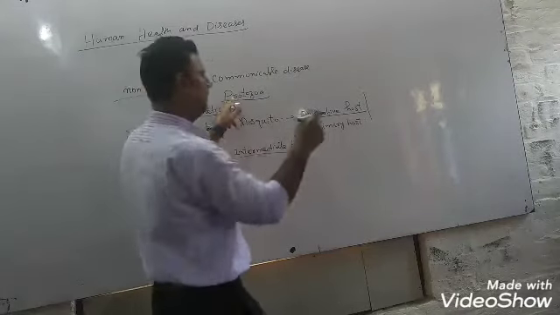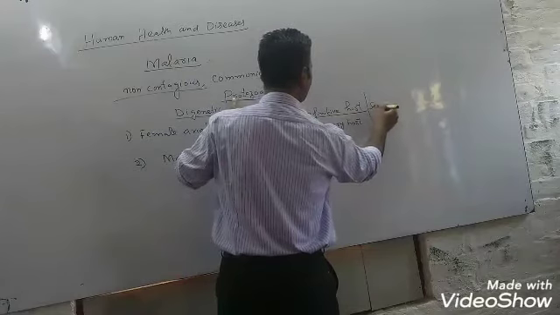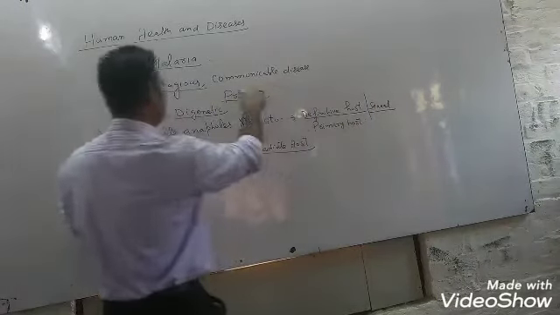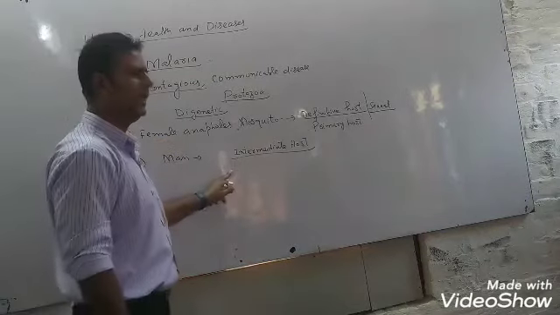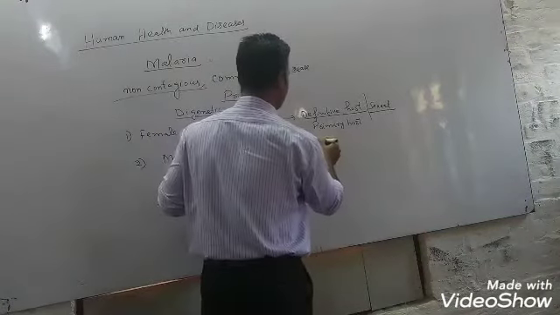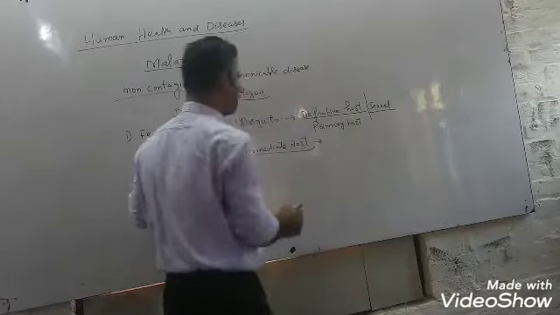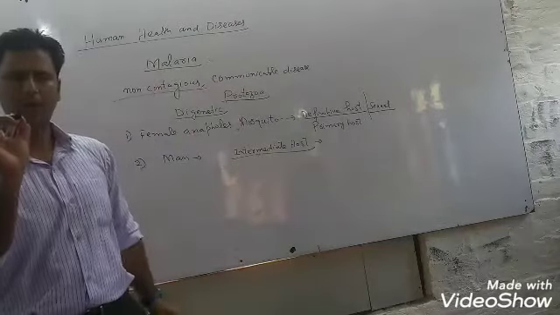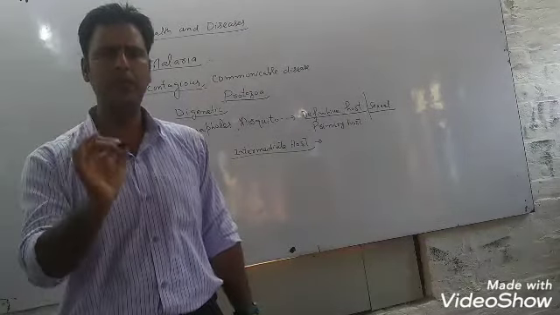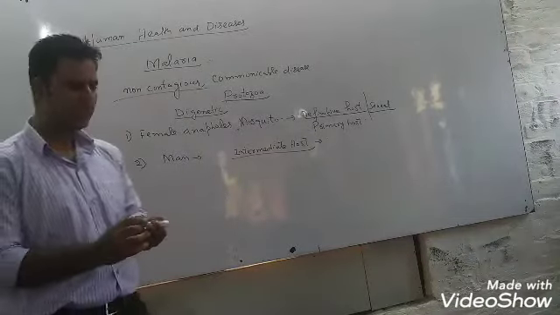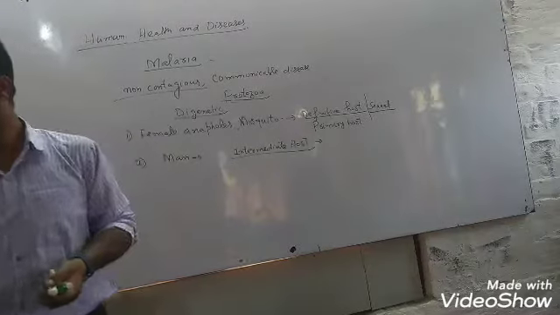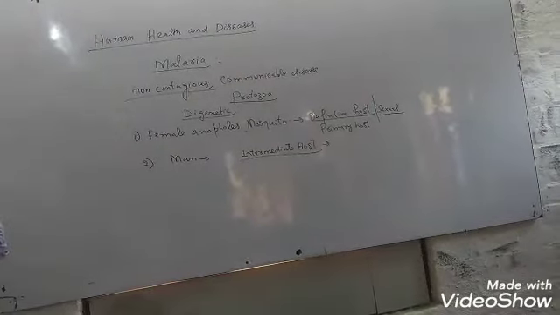That means the sexual phase of the life cycle will be taking place in the female anopheles. And the man serves as intermediate host, that means some of the steps of asexual reproduction may be completed in man. Then we will see how its life cycle is going on.